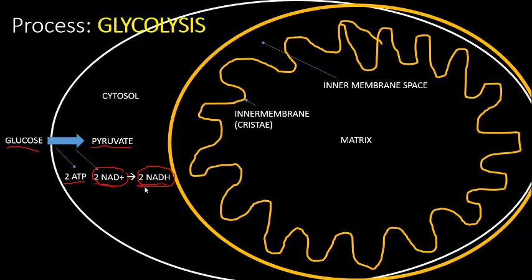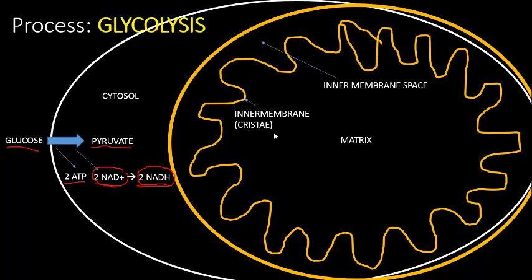It's literally an electron shuttle, and we'll see in a little bit that NADH shuttles all the electrons that came from glucose to the electron transport chain. This whole process of glycolysis is happening in the cytosol outside of the mitochondria.